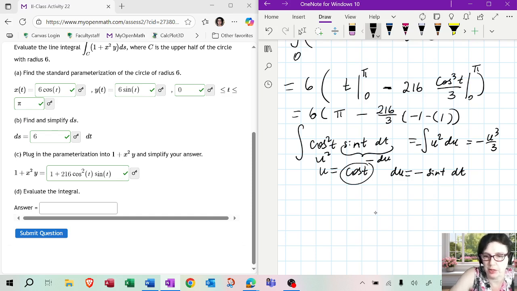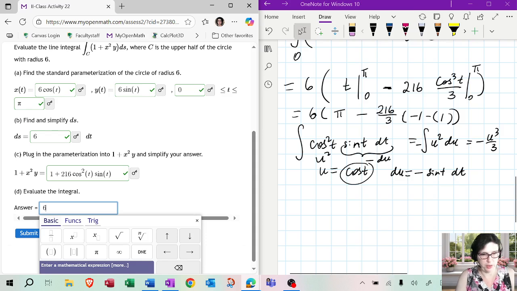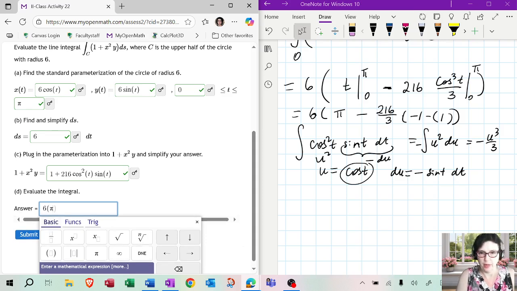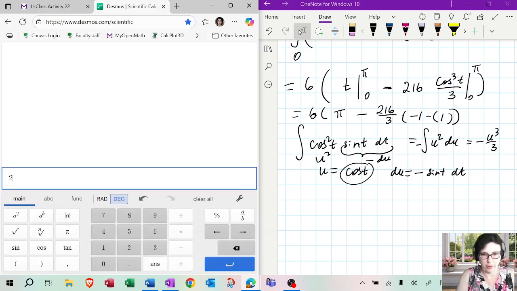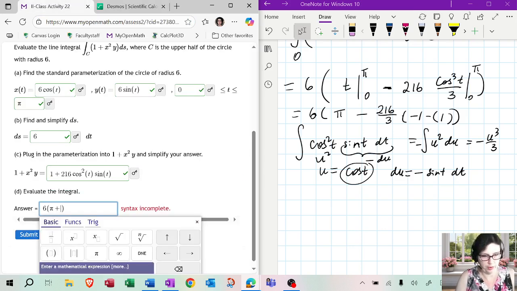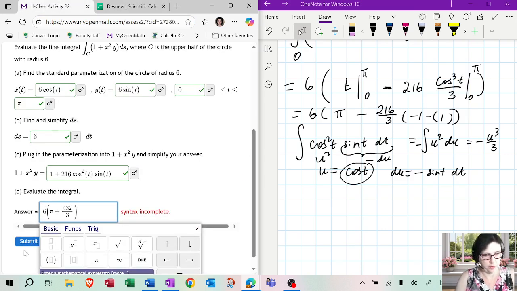Okay, so this is going to be negative 2. So my final answer is going to be 6 times pi, plus, well, 2 times 216. Man, I don't want to lie, I don't want to do this in my head. So 432 over 3 is what I got there.